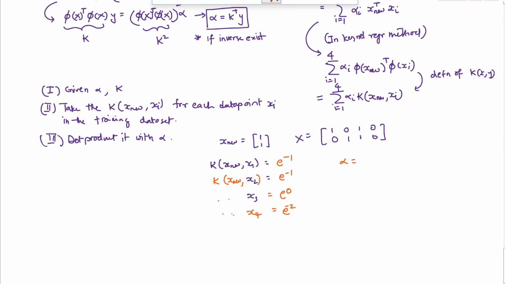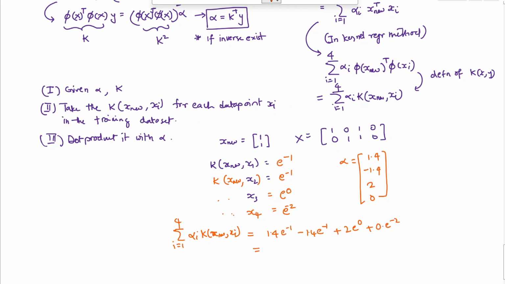Now if we take the dot product, the summation of alpha i k of x new comma xi, i running from 1 to 4, is equal to 1.4 e to the power minus 1 minus 1.4 e to the power minus 1, that will get cancelled out, plus 2 into e to the power 0 plus 0 into e to the power minus 2.